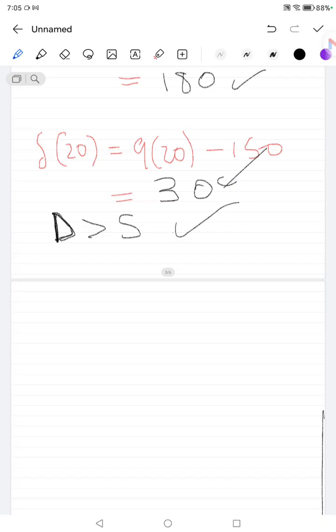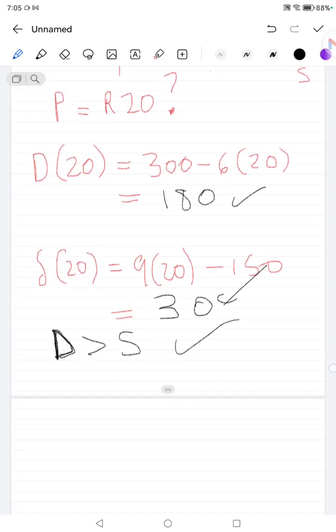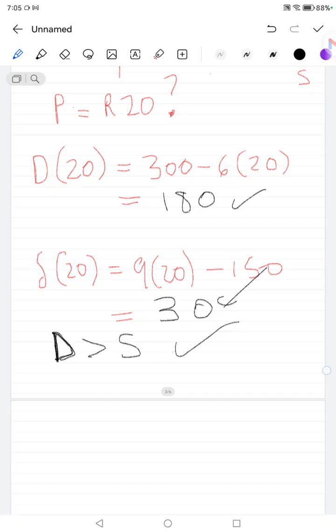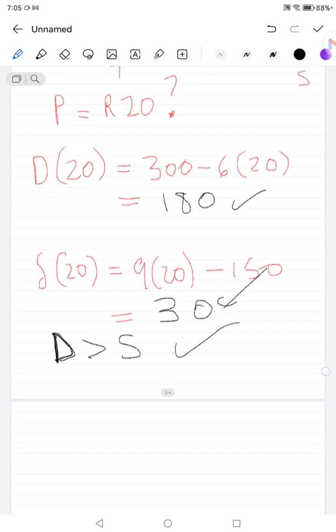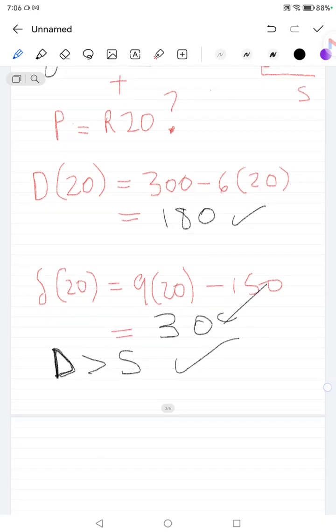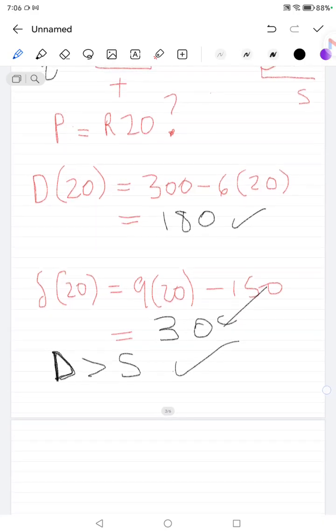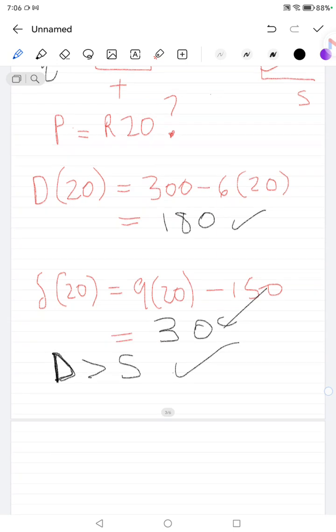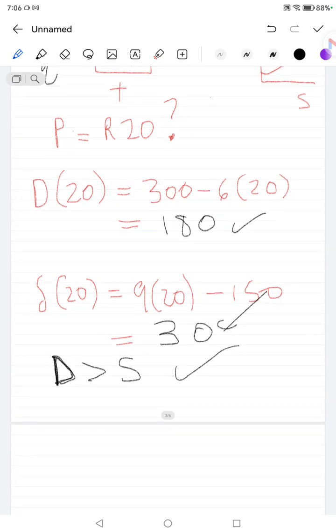So you definitely know that now the equilibrium price will be more than 20 rand. Because if I'm selling something for 10 rand and I'm having more than 200 people buying, I can't just keep selling the product at the same price, because I see more people are coming and they are valuing the quality of what I'm offering.